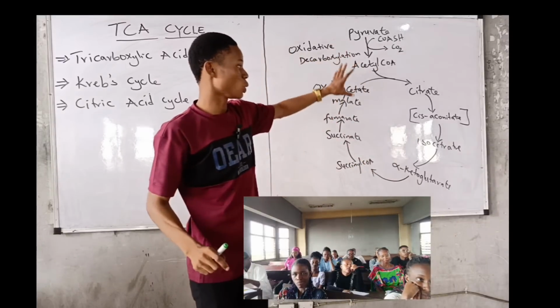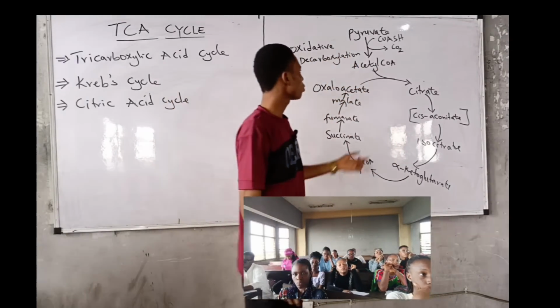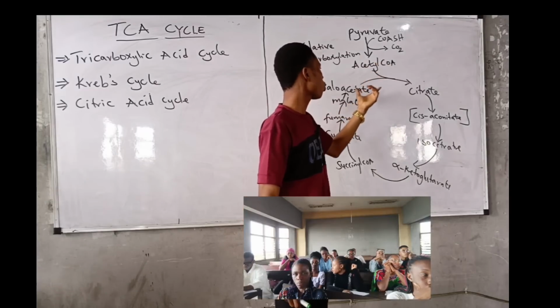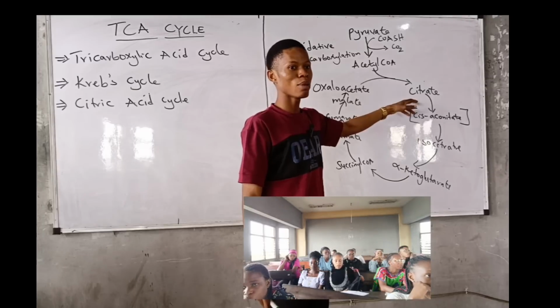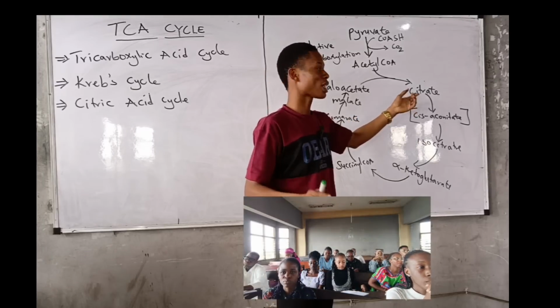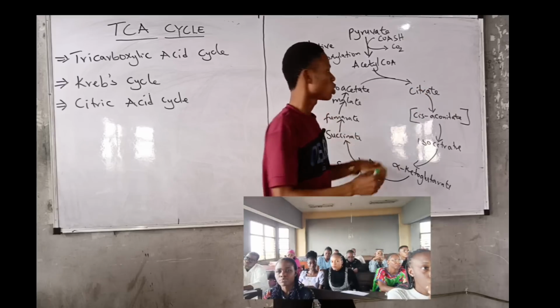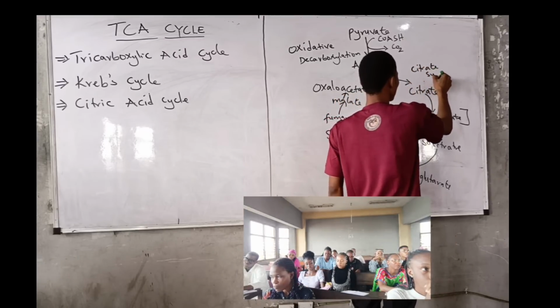Alright, now basically we are going to take it again, but before then let's look at the enzymes. Acetyl-CoA condenses with oxaloacetate to form citrate, and the name of this enzyme is called what? Citrate what? Synthase. Enzyme that is synthesizing citrate. So we call it citrate synthase.